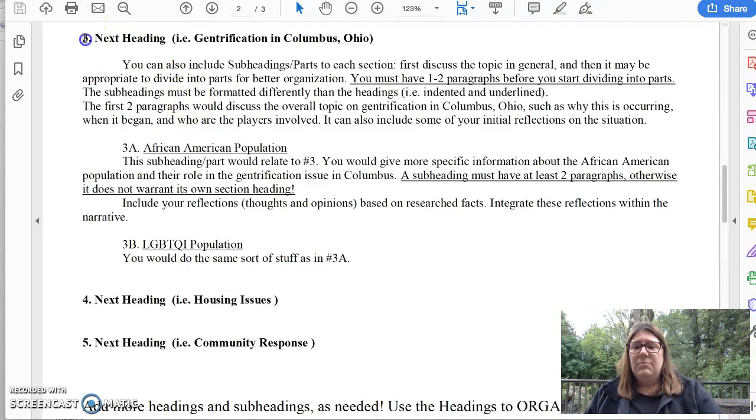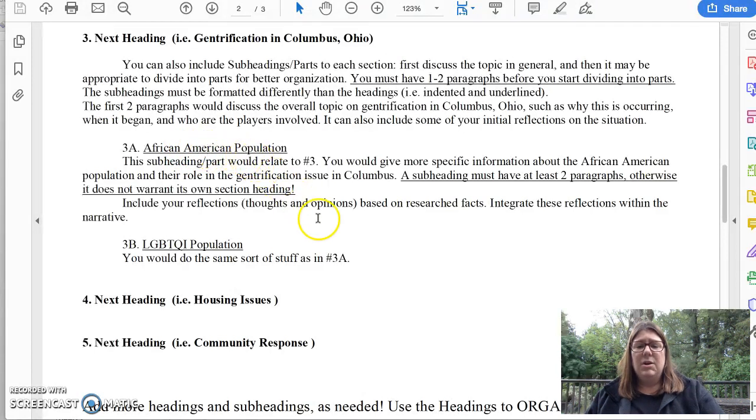So here for number 3, you can see it's bolded. Let's say the heading is gentrification in Columbus, Ohio. I would write 1 or 2 paragraphs to start off that main heading, and then I might use subheadings to just further dive into that topic. So in this case, I might look at the two main populations that are involved in gentrification in Columbus, Ohio.